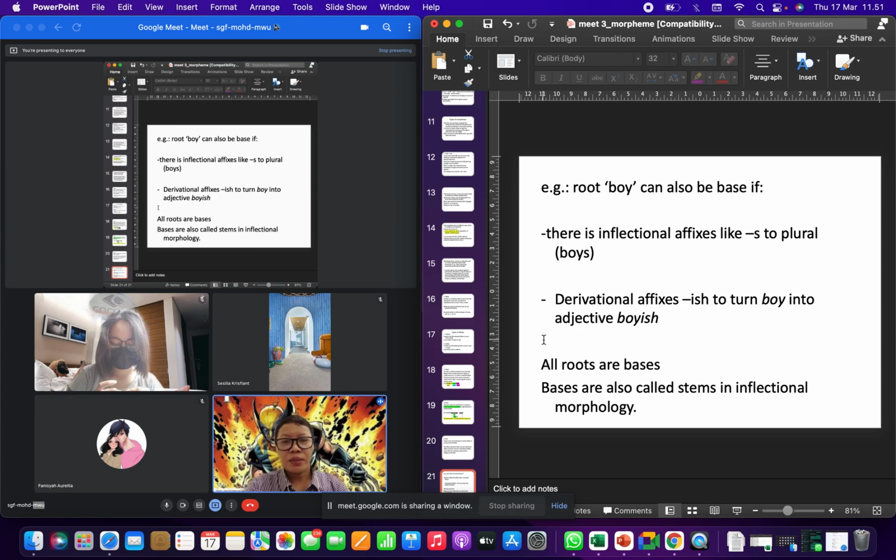So we have to understand that all roots are base. Root and base are the same. Root and stem can be different. Now, we can conclude that base can be called the stem if there is inflectional morphology occurring. But if there is no inflectional morphology occurring, then base is our root, only the root.